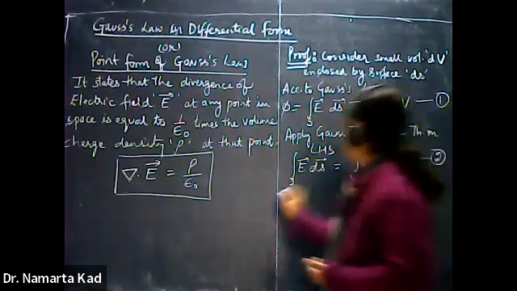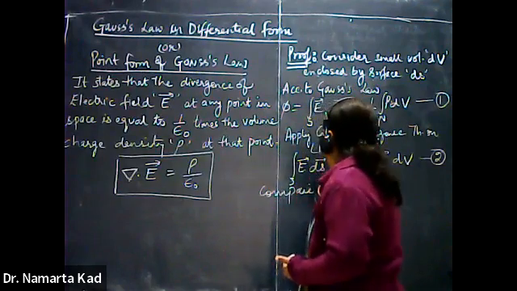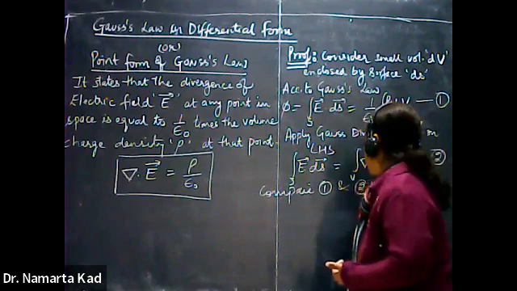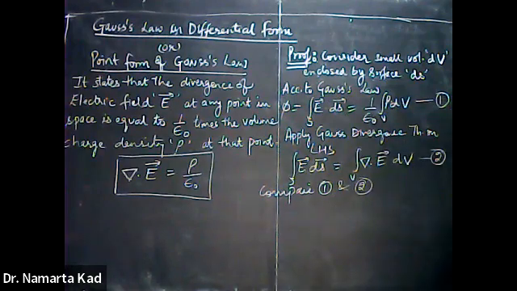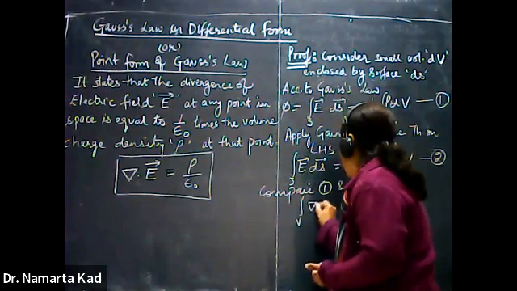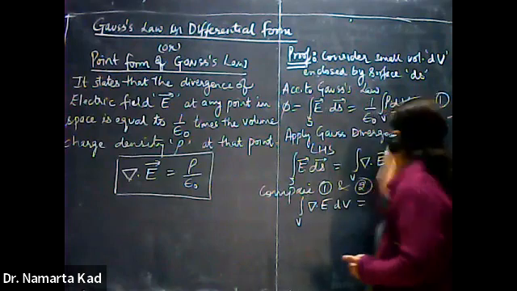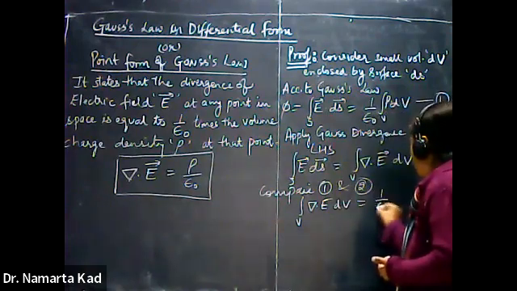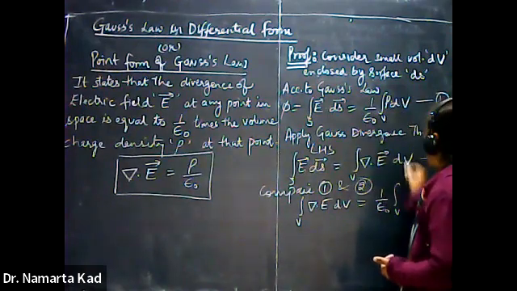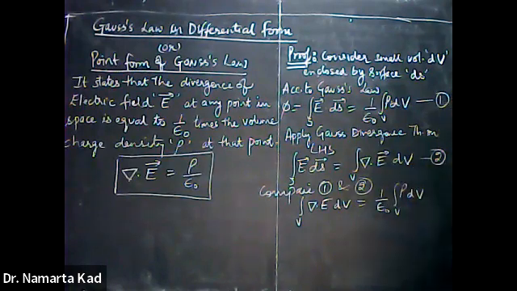In the next step, compare equations 1 and 2. When you compare them, you get that the volume integral of del dot E dV is equal to 1 by epsilon naught times the volume integral of rho dV.